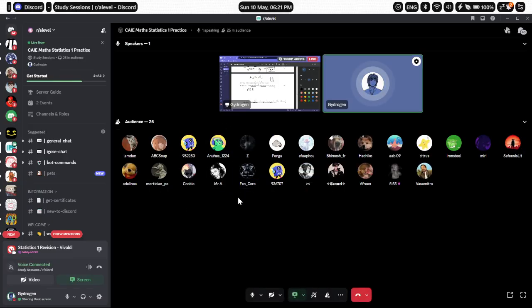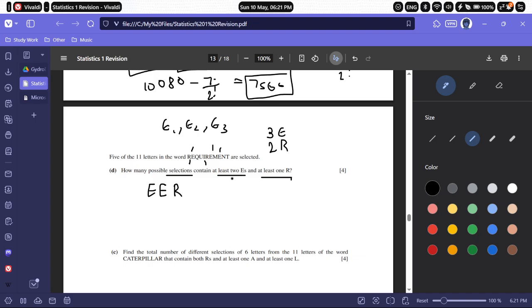Again, you can use multiple methods for this. I think most people would go about it by making blanks and then thinking of the cases. The first case is when you don't have an extra E and R, then the second case is when you have an E and R as well. So basically splitting up all the cases. Although there is a much better way, I'll talk about that as well.